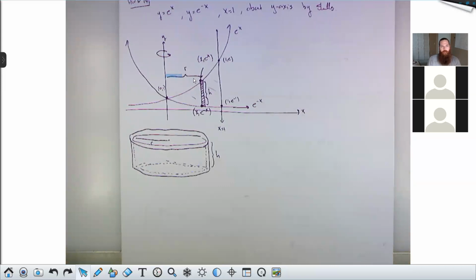So what is this horizontal distance r? The horizontal distance from the axis of rotation to my strip that becomes the radius of my shell. Yeah, good. This is just going to be x, right? Because the x coordinate at this point and at any point along the strip there is x. So that horizontal distance coming from that x coordinate, r is x.